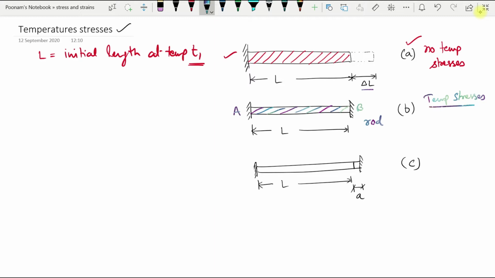So temperature stresses in a specimen will only be induced when the change in length is not allowed. Then only the member will be stressed.